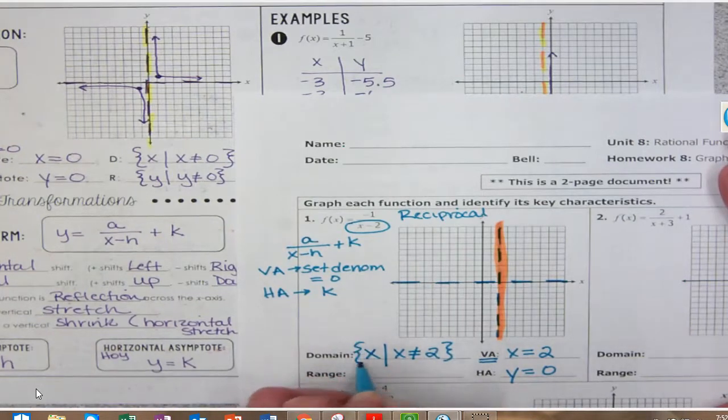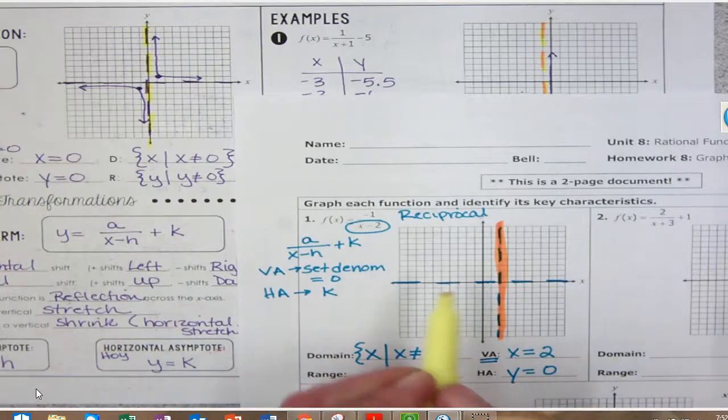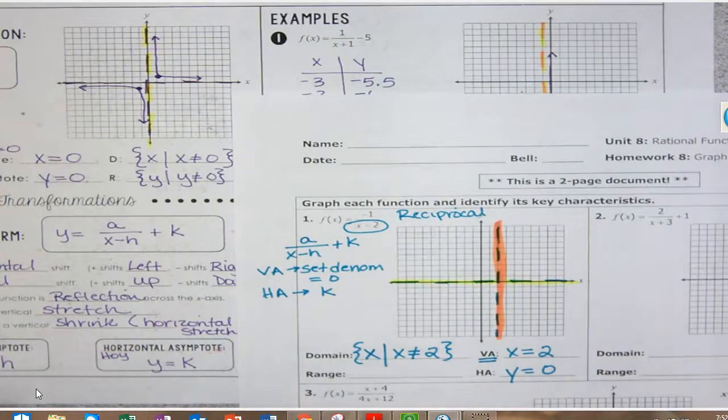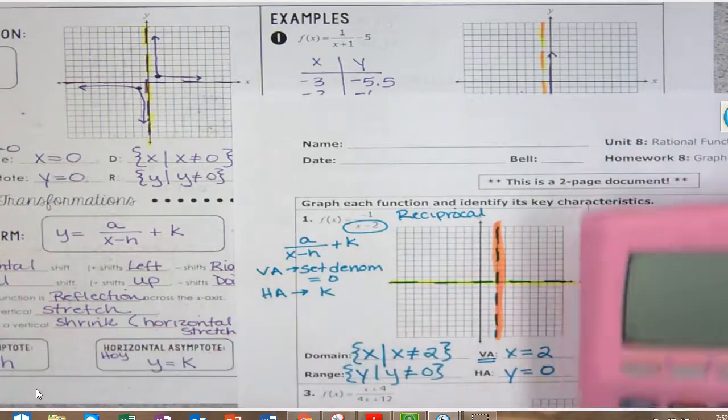So x is the set of all real numbers where x is not 2. Then the same with y. Y can be any other number, but y will never be 0. So y can be any number except 0.